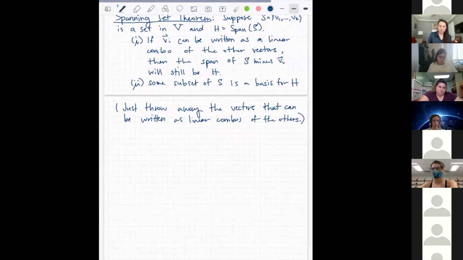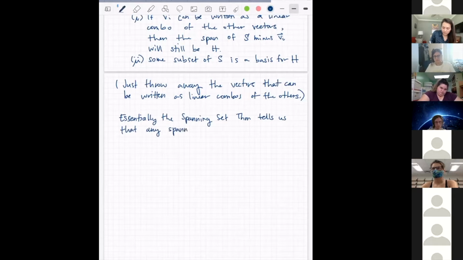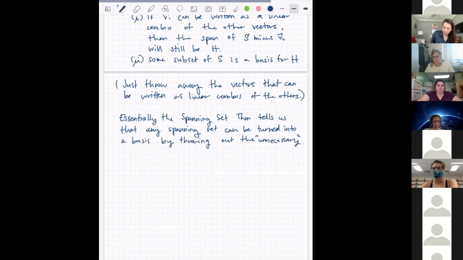So basically the spanning set theorem tells us that any spanning set can be turned into a basis by throwing out the "unnecessary" vectors.